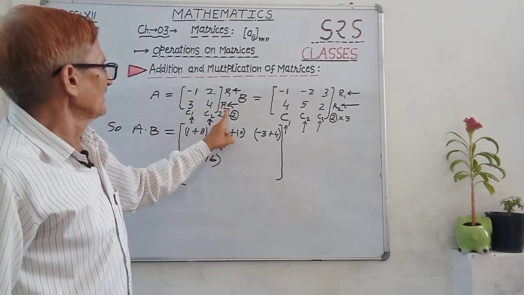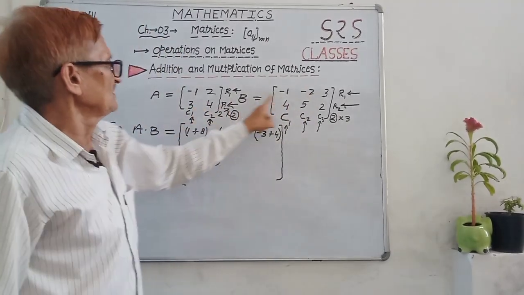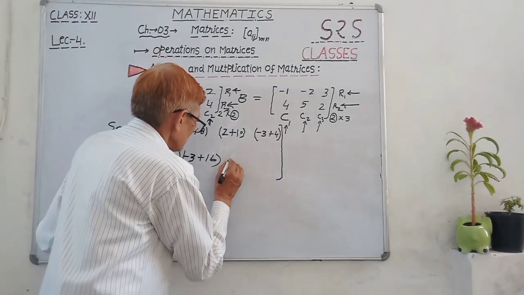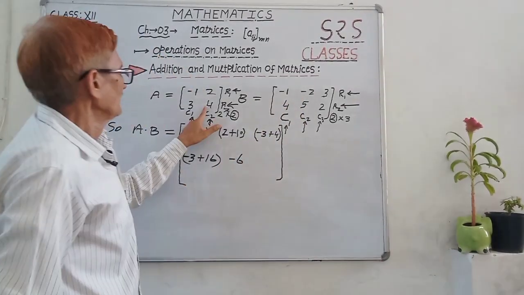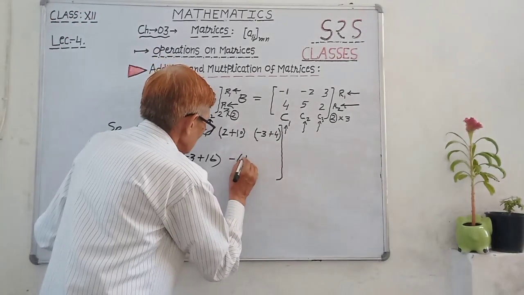Now second row with second column, now 3 2 जा 6 minus 6 and 4 into 5, 4 5 जा 20.